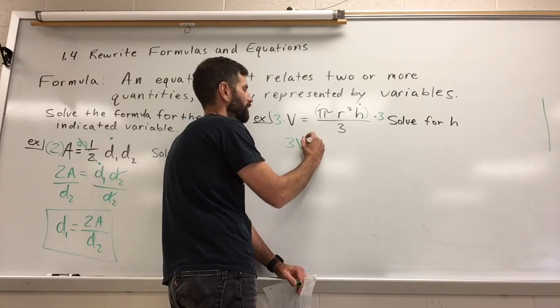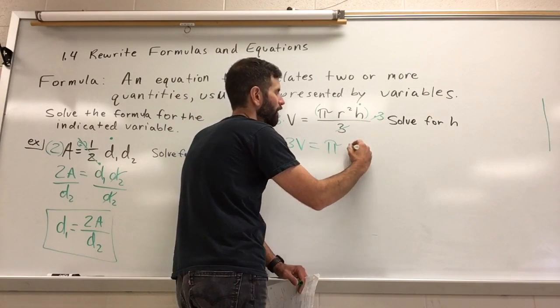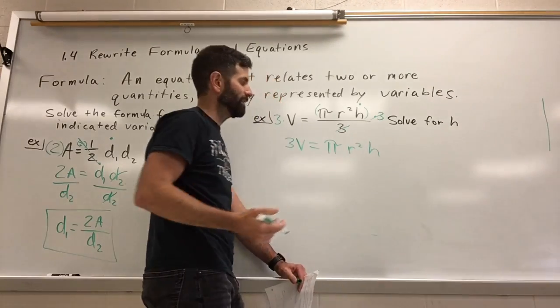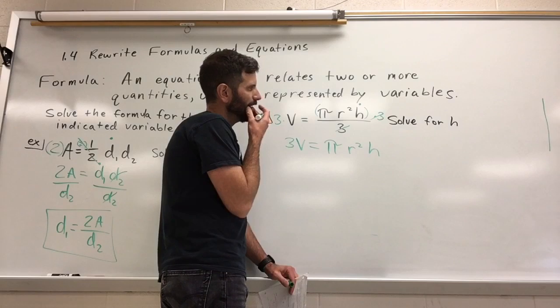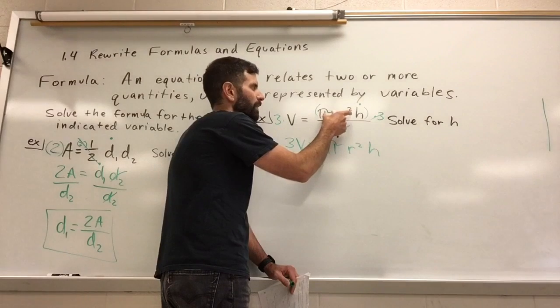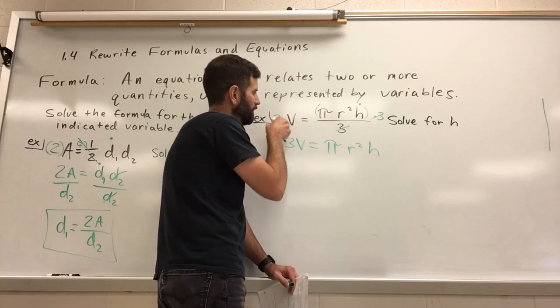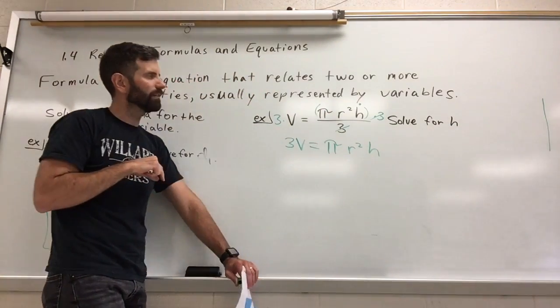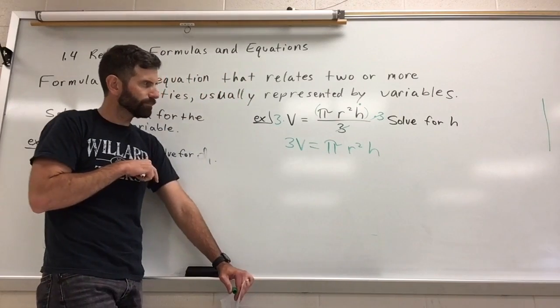And I end up with 3V equals, that divides out and makes 1, pi r squared h. I like doing this problem that way. Technically, well, let me think about this. Yeah, you could do things other ways. You could, if you wanted to, divide by r squared and pi first. Maybe they cancel out and then divide that. That would work as well in this case, but I like the idea of getting rid of the 3 first.